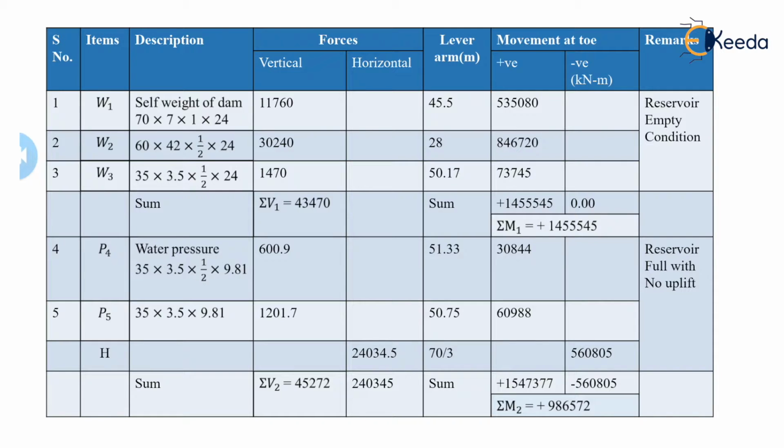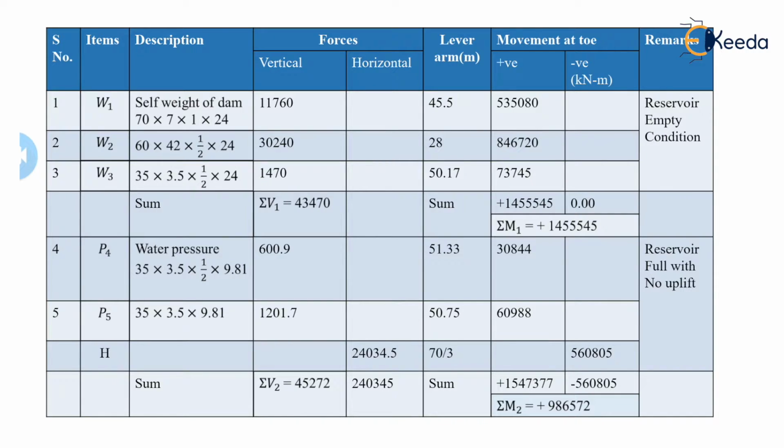Like W3, we then find out W1 and W2 also. W1 is our rectangular part, so base into height. Base is 7 and height is 70 meters. Remember, we have to take the total depth of the body of the gravity section.